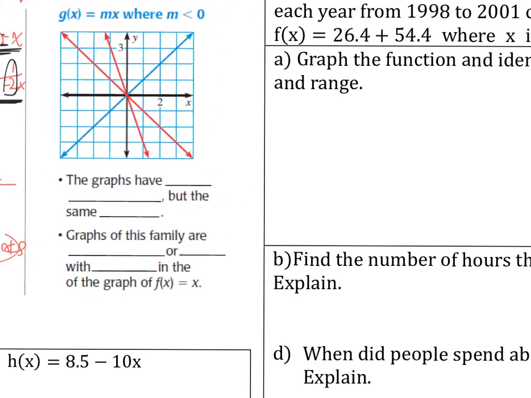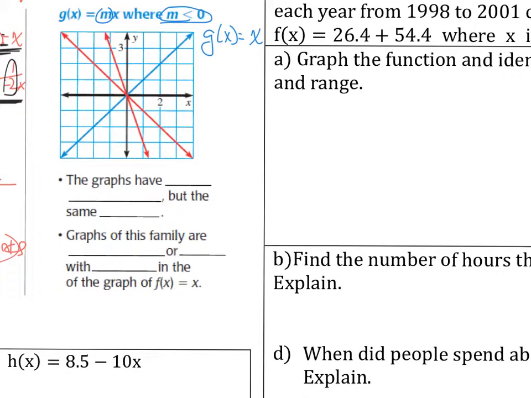And let's take a look at this one. g of x equals mx when the slope m is negative. Our parent graph again is g of x equal to x.